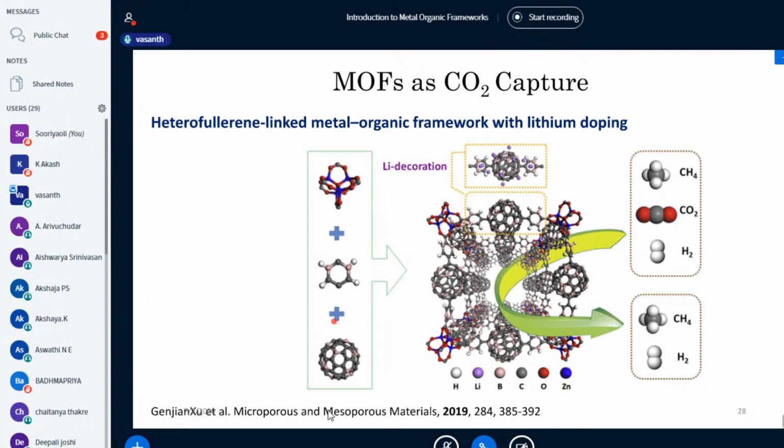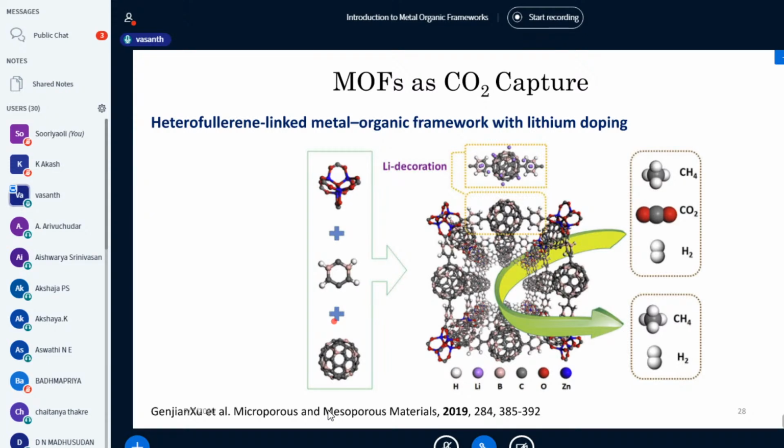And there was one more report in which they have used metal organic frameworks for the capture of CO2. We know carbon dioxide is one of the greenhouse gases, and people have long strived to reduce it. Nowadays, people have found a way to selectively remove carbon dioxide from the atmosphere. So MOFs have been used as an efficient compound to recover only carbon dioxide.